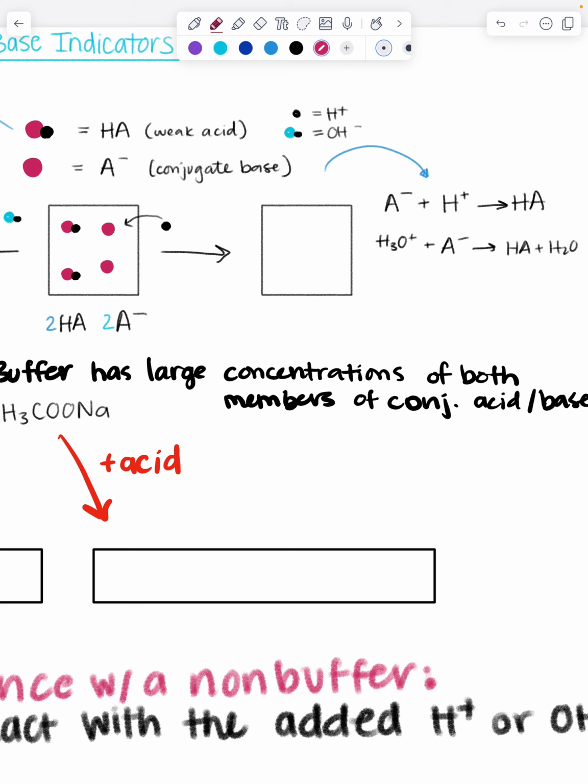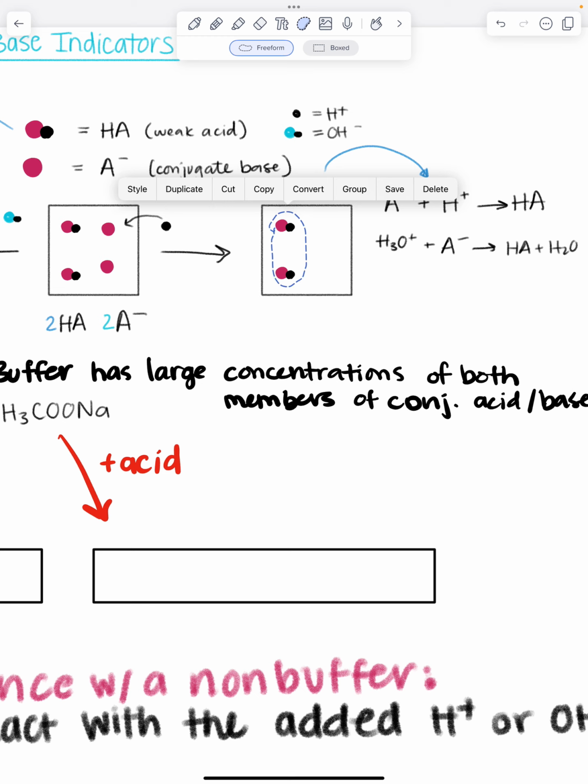Okay, so now my solution, if I redraw it, I still have my two HAs, my two weak acid molecules, but now I have added a third weak acid.